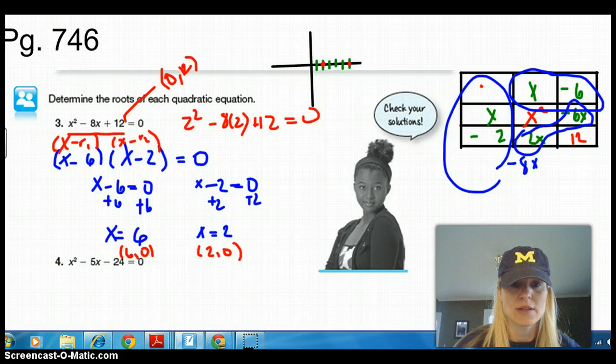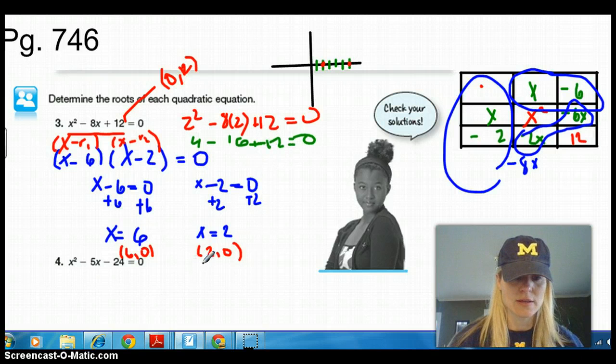So I know this is going to give me 4. This is going to give me 16. And then plus 12. Does that equal 0? So 4 minus 16 is negative 12. Negative 12 plus 12 is 0. So I know that the 2 is correct.